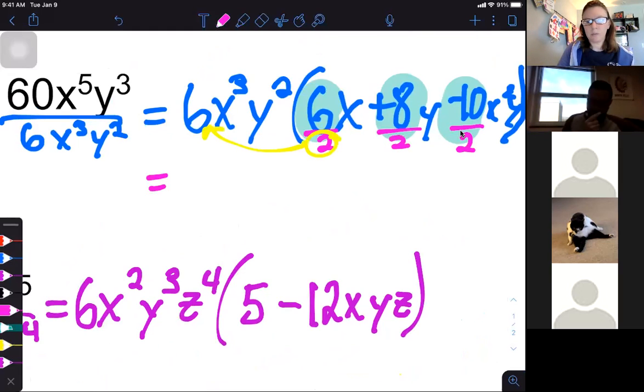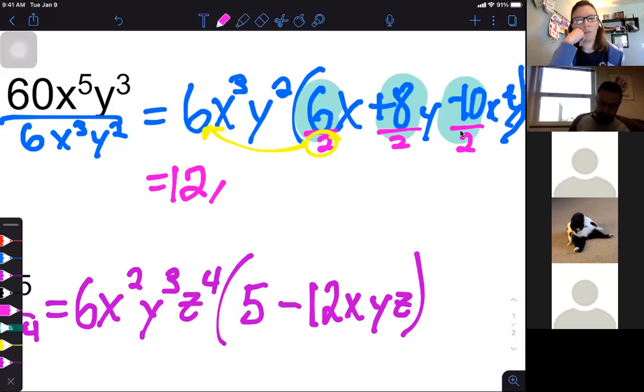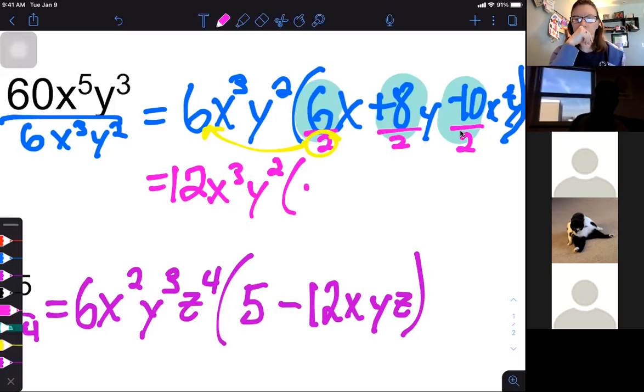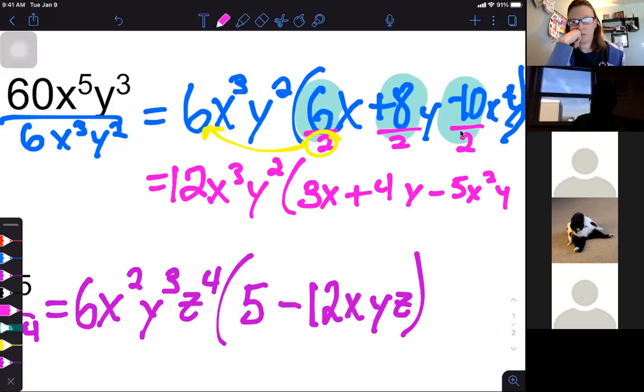What is 6 times 2? Jason? 12. Good. So you get 12 x cubed y squared. 6 divided by 2 gives you 3x plus 4y. And then finally minus 5x squared y.